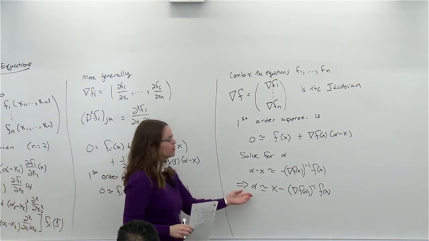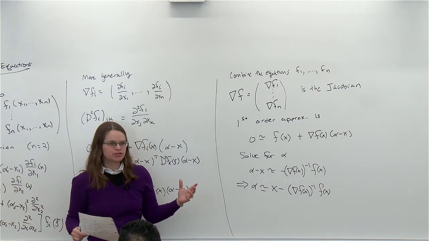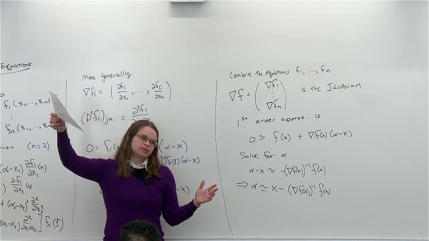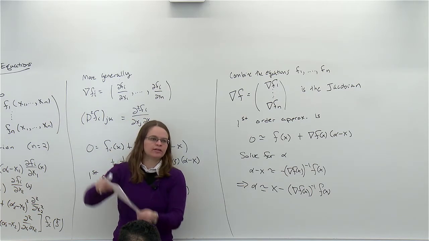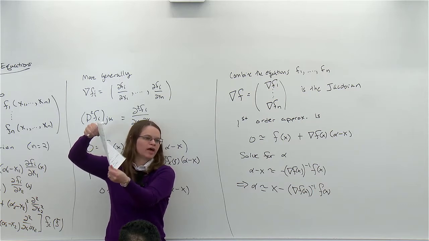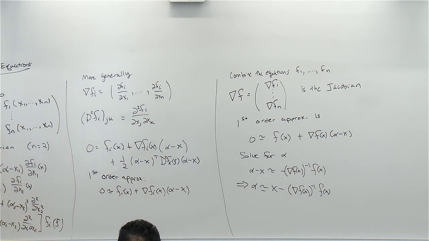Okay, and this is what we use for Newton's method. It's exactly what we did for scalar equations, where we said, let's treat f as a straight line and find out where it intersects. Now all we've done instead is said, let's treat f as a plane, or as a hyperplane, and figure out where this thing hits 0.